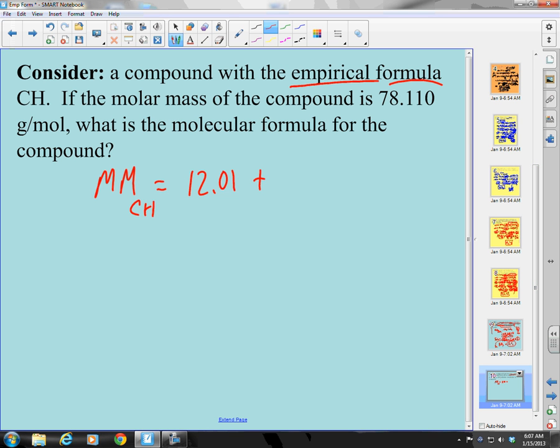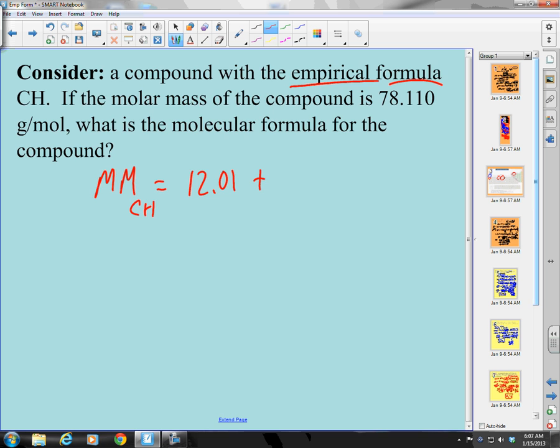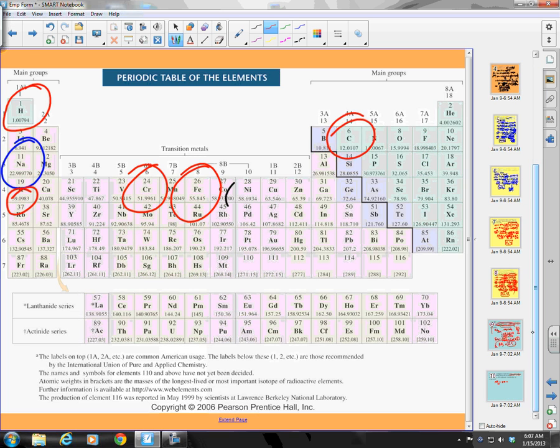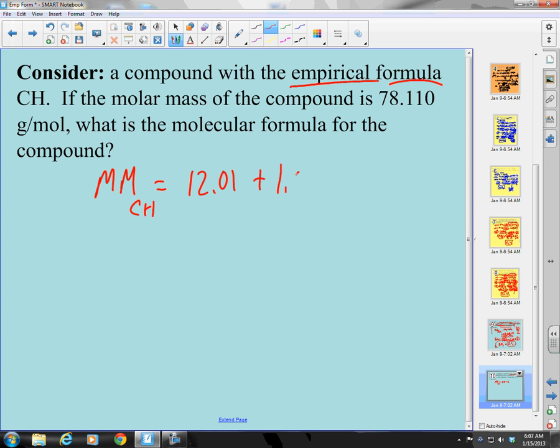What's the molar mass of hydrogen? 1.008. Yes, it is indeed 1.008. And when I add those together, what do I get? 13.018 grams per mole.